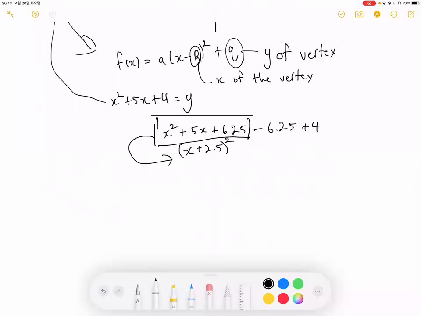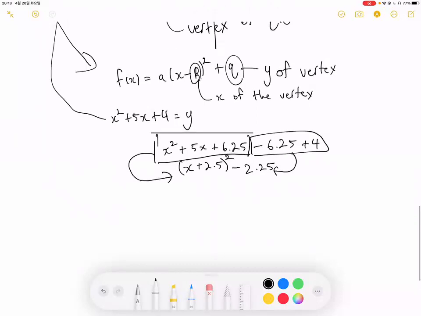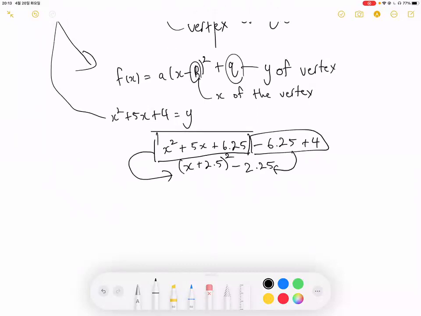Then negative 6.25 plus 4 is equal to negative 2.25, and this part moved into here. Notice how we didn't have an a value here, so it was pretty easy.